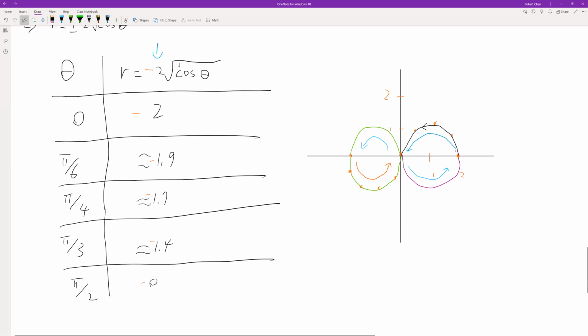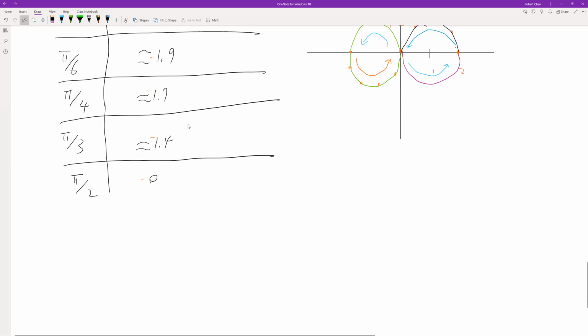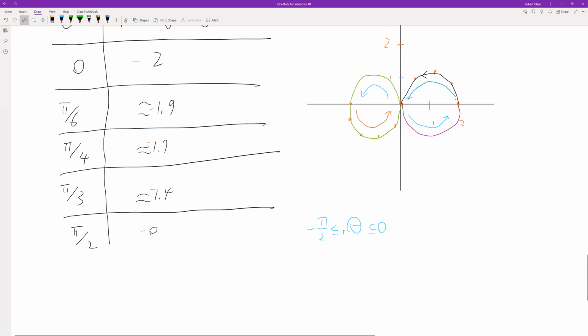And to do that, we can also pick thetas from negative pi over 2 to 0, which is in quadrant 4. We don't want to go into the 3 pi over 2 to 2 pi. Of course, they are the same thing, but to keep things close to our original theta, which is 0 to pi over 2, we are going to use negative pi over 2 to 0. If you pick those points, you will get some values as well.